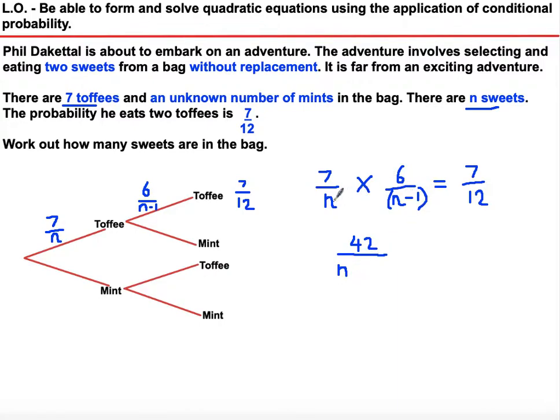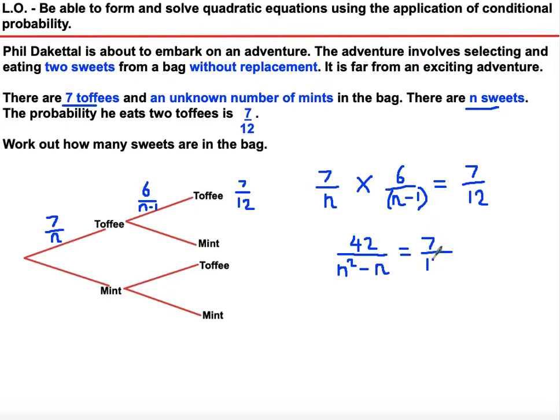N multiplied by n is n squared. N multiplied by -1 is -1n, but we don't write -1n because it's not polite. So we have n squared minus n as our denominator, and then equals 7/12.